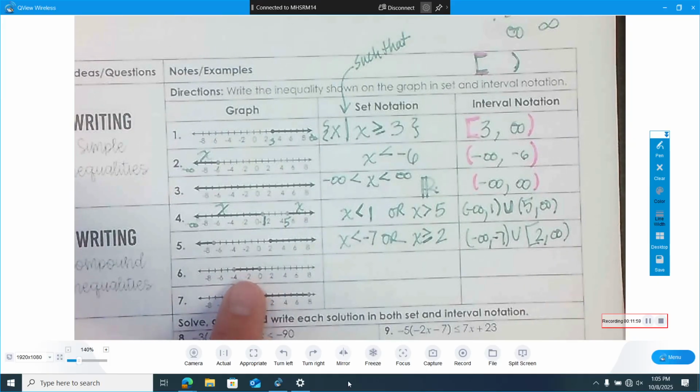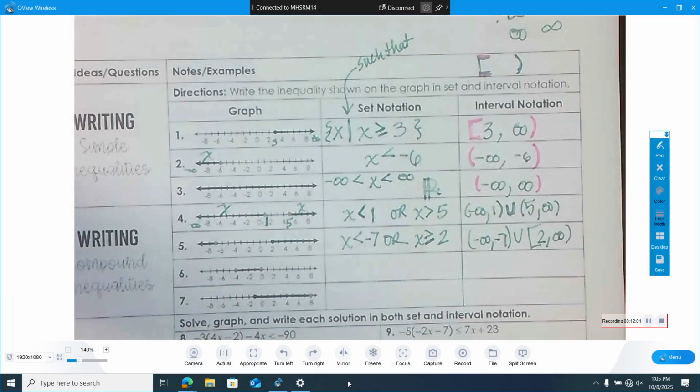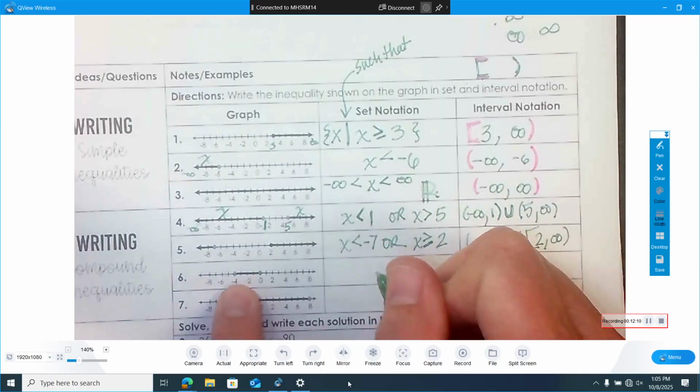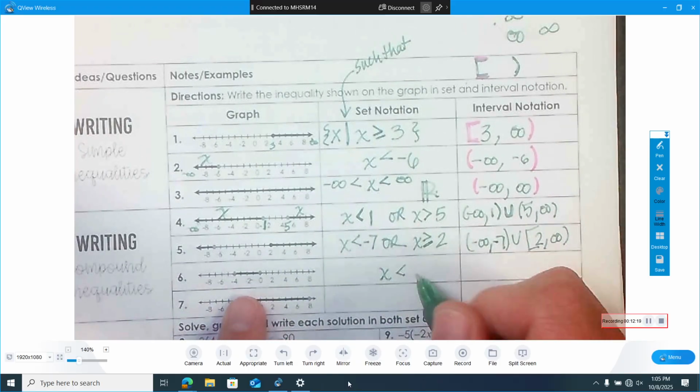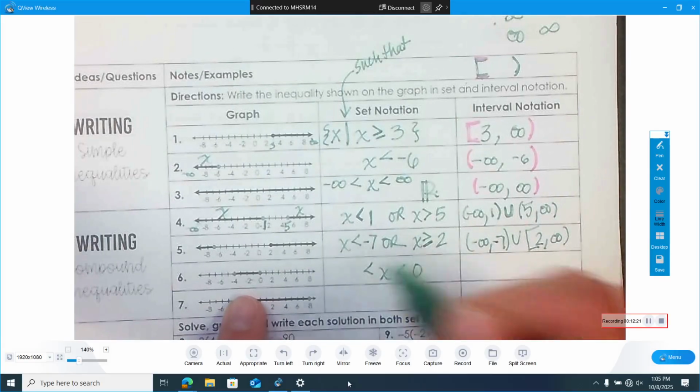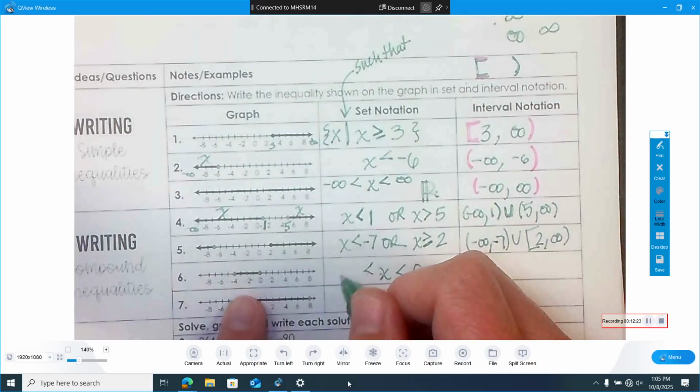This is an and compound inequality. The solution works for both inequalities. So our answer actually, our x value is going to be less than, how far to the right do we go? 0, and it's greater than -4.